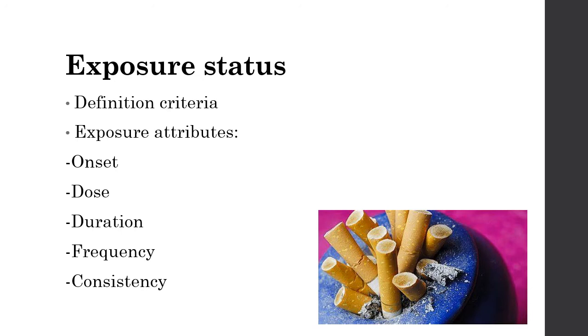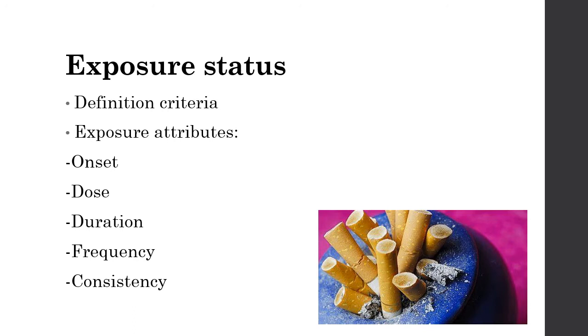Now, because in case control study we start with 2 groups, one group diseased and the other group non-diseased, we were very focused on how to define a disease. If you remember the example that we gave last lecture, we were interested in people having a myocardial infarction or heart attack, and what is the criteria to say that, okay, this person is a true case and should be among my cases, and this person is not a true case and should be among my non-diseased.